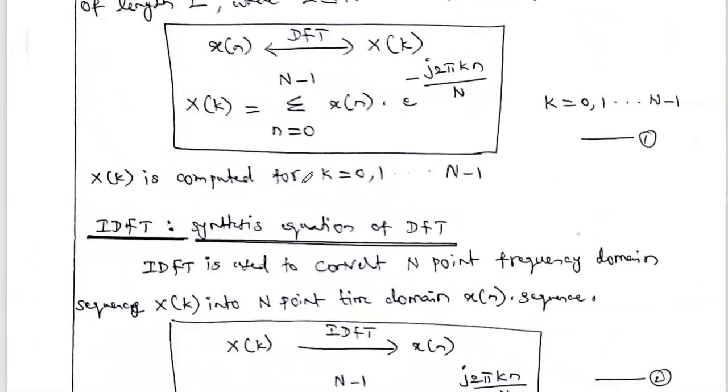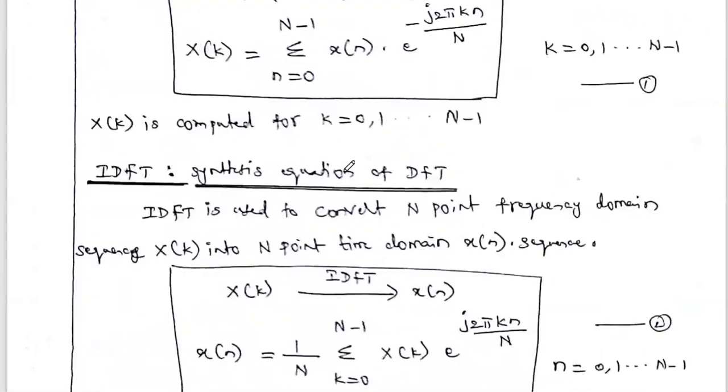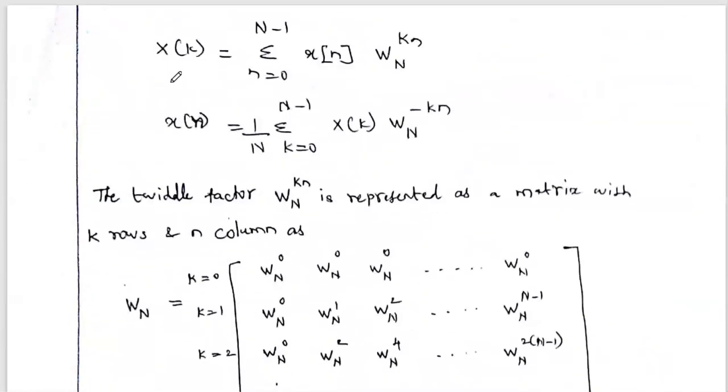So this is the actual DFT formula, and it can be shortly denoted in terms of the Twiddle factor: capital X of k equal to summation n equal to 0 to N minus 1, x of n WN power kn. This WN power kn is called the Twiddle factor.